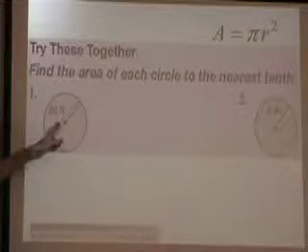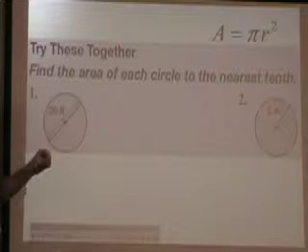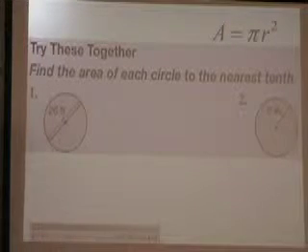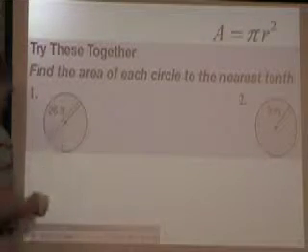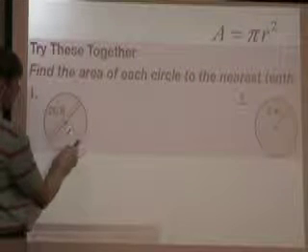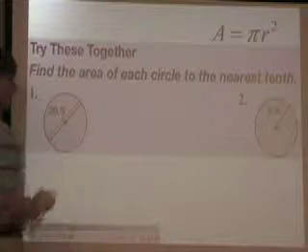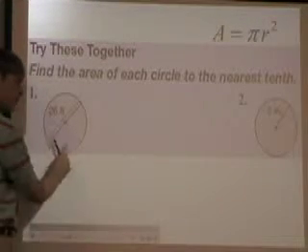On this one, they don't give you the radius, they give you the diameter. So what is the radius? Half of 26 is 13. You have a calculator, type 26 divided by 2, and it'll give you the answer, 13.